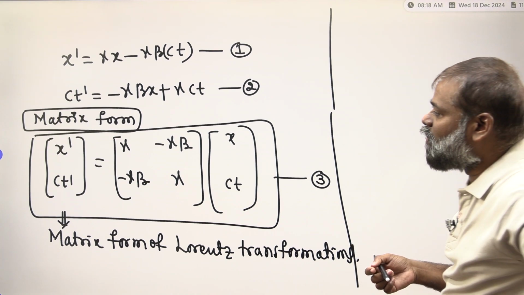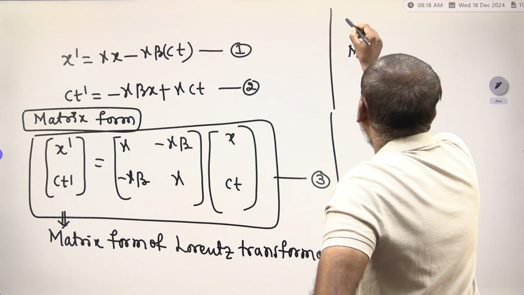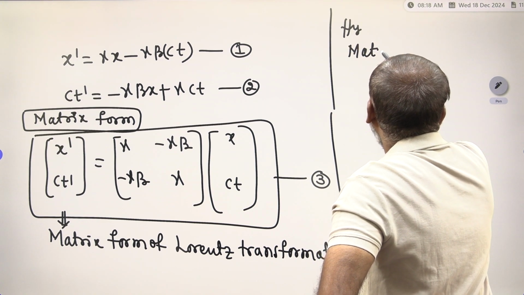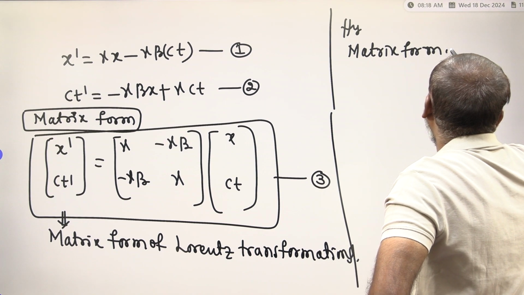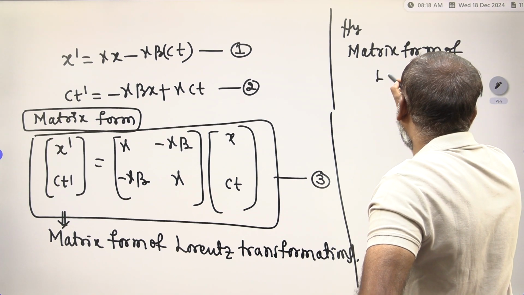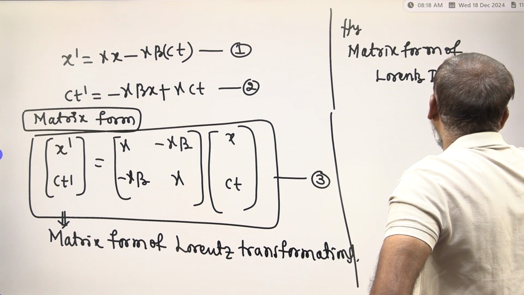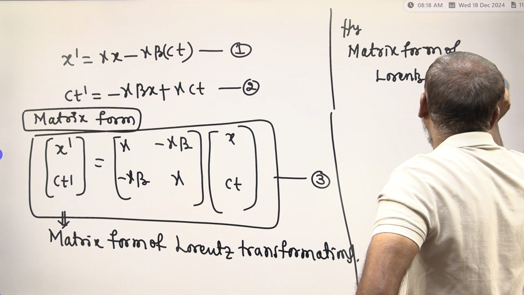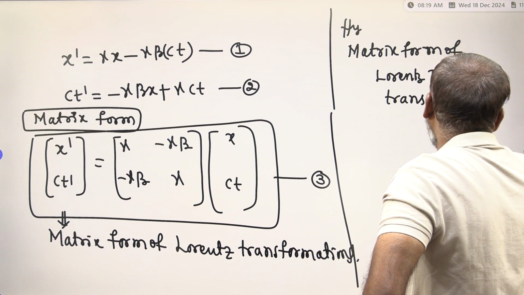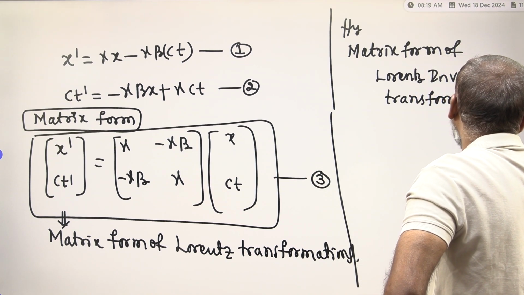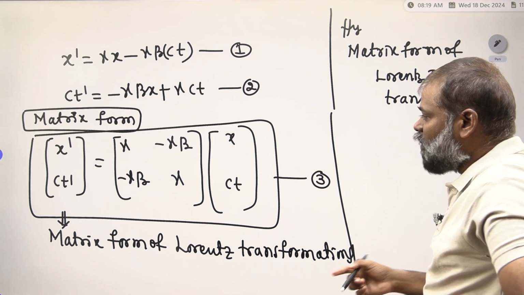How do we write it? The matrix form of the Lorentz inverse transformations is, what is it?